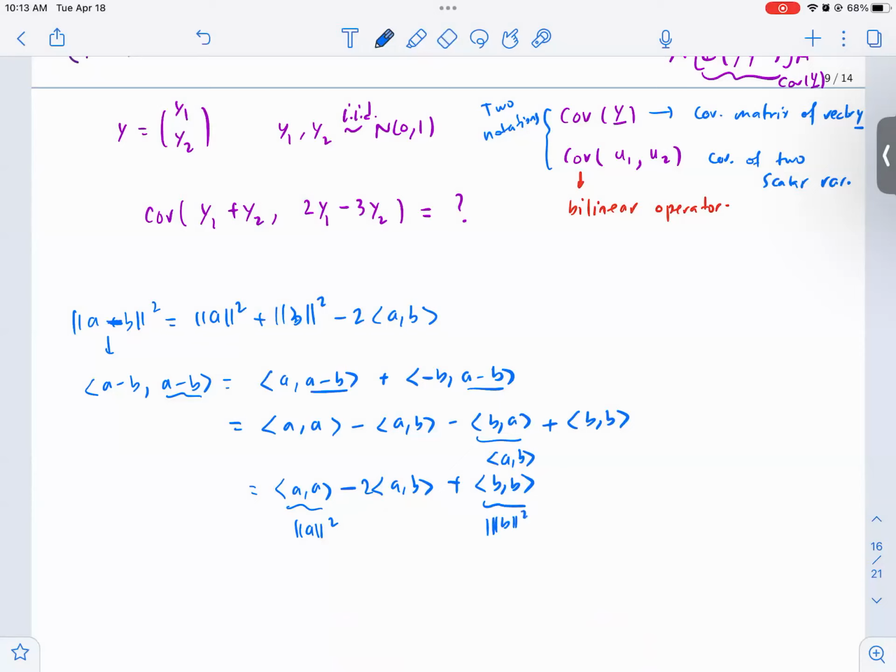So bilinearity means I'm linear in each coordinate, so I can distribute.